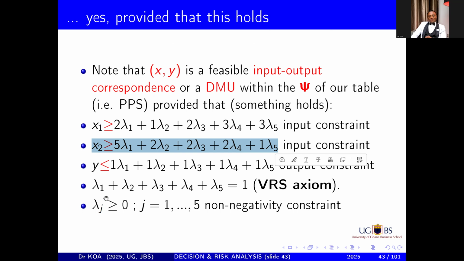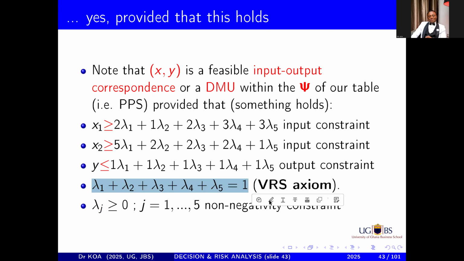Now, the non-negativity constraint will still hold. This is a final assumption that we have brought in to exhibit the variable returns to scale assumption. This final assumption says that the weights, the lambdas that we've selected here, when you sum them up, they should be 100%. In other words, what are the lambdas actually doing?